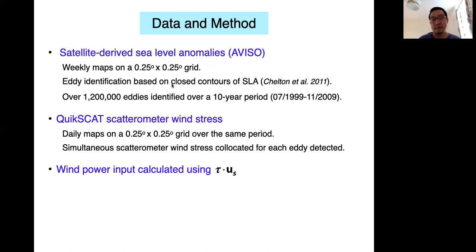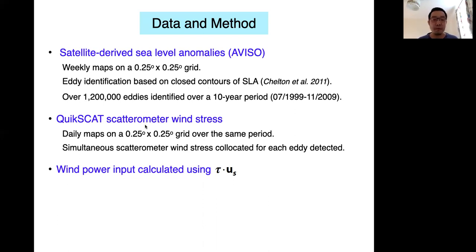Using this method, Chu identified over 1 million eddies over this 10-year study period. From the sea level anomaly, we can estimate the surface eddy geostrophic current, so we have Us in the formula.